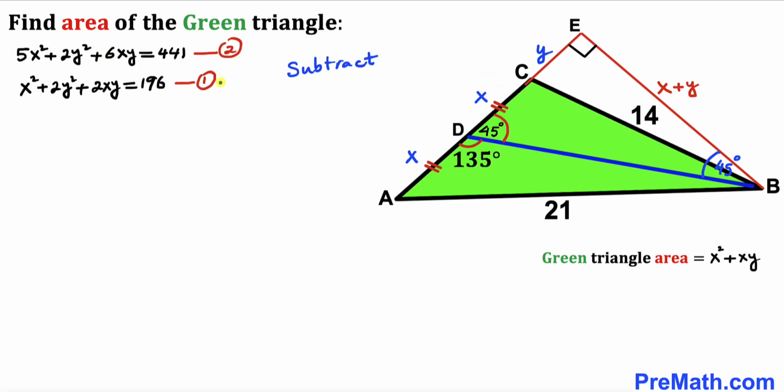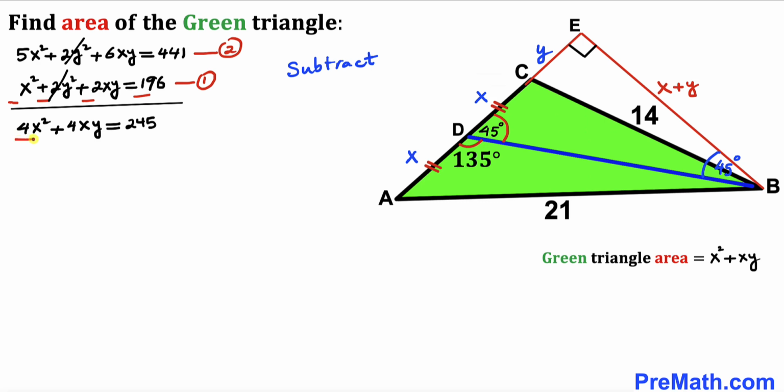Now we end up with equations 1 and 2. We are going to subtract equation 1 from the second equation, so we change the sign to negative across the board. We get 4X square, and the 2Y square and negative 2Y square are gone. The next term gives us plus 4 times XY equals 245.